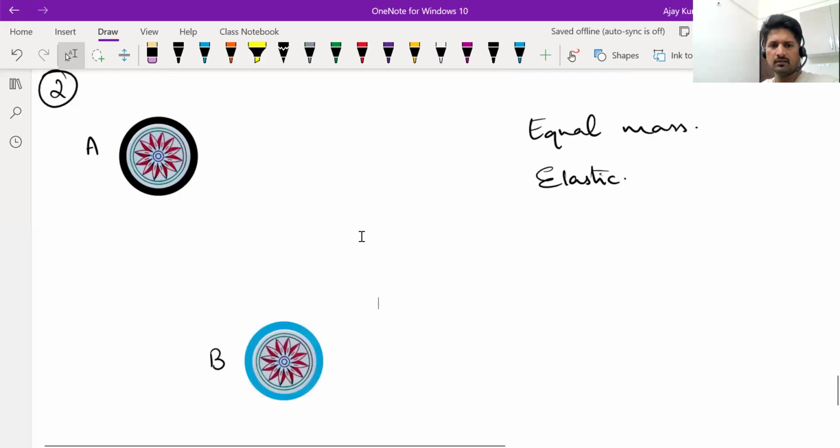Now, the first striker is moving in such a way that, okay, the second one is at rest.